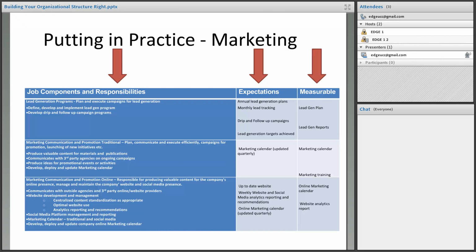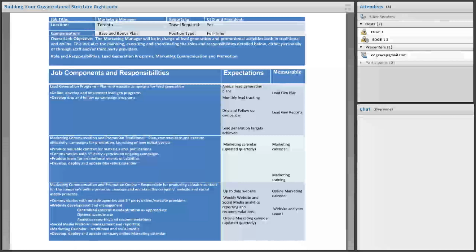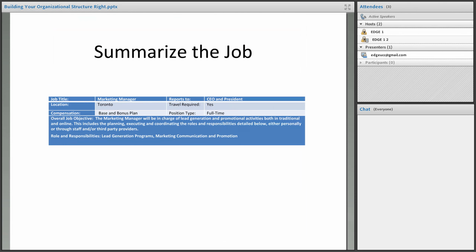This is probably one of the most important things to do, because it's one thing to say, I need you to define, develop, and implement lead gen programs, but you need to define what the expectations are. Now, some people like to blend the two together. So they roll expectations in with define, develop, and implement lead gen program, along with the expectation to go with it.